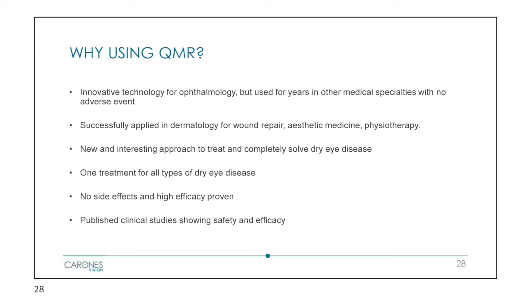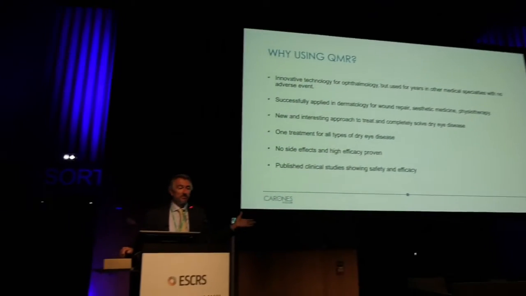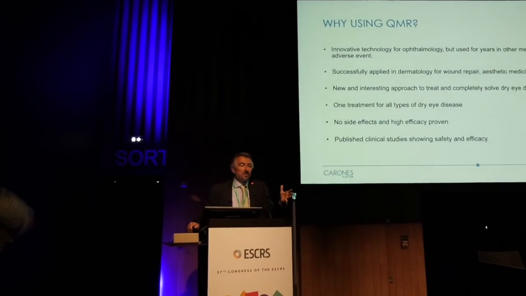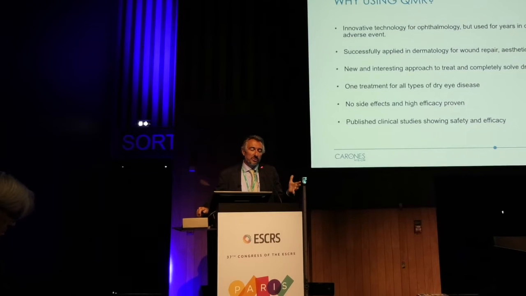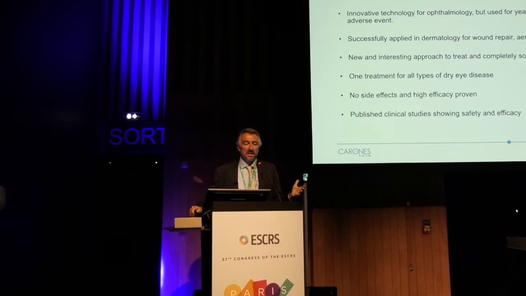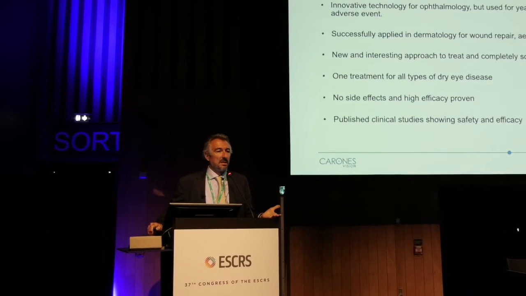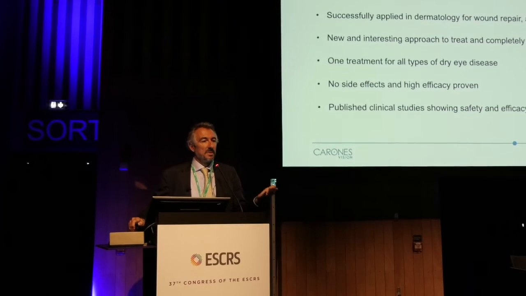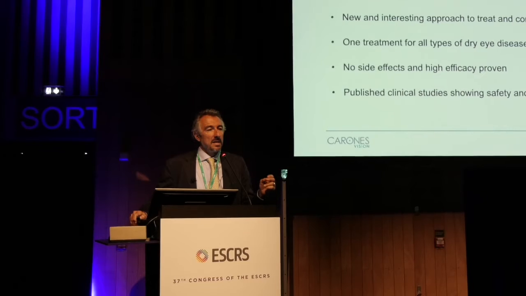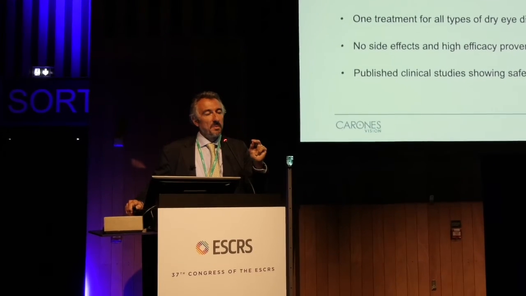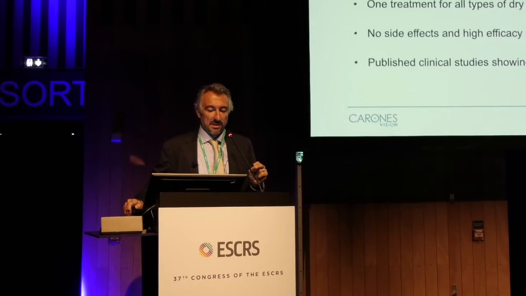Because I like this technology because it is very innovative, innovative for ophthalmology, but it is based, as you could see before, on technology that was used for years in other medical specialties, like plastic medicine and aesthetic medicine, and I like its capability to regenerate the cells.